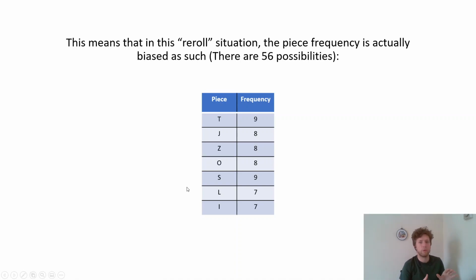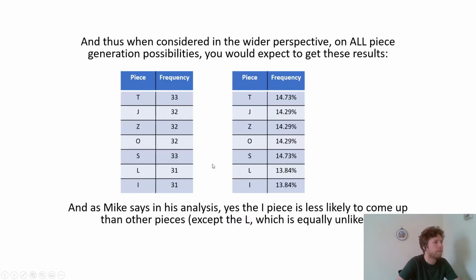So in this reroll scenario, based on the code, you don't need to understand exactly the implementation of it. You can take me at my word, and I'll show some code that generates this later. You end up getting fewer L's and I's and more T and S, and that's only in the reroll scenario.